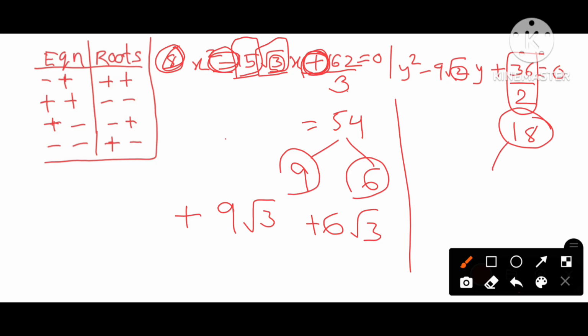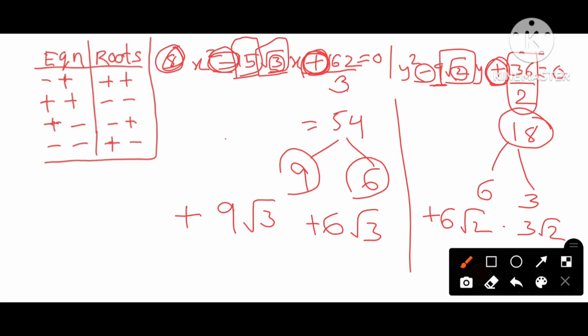We need to find the factors for 18 whose sum is 9. So 6 times 3 will be 18, and the sum of these two factors is 9. So the roots we have are 6 and 3, and we are left with root 2. Root 2 is placed beside the numbers, and the symbols we see in the equation are minus and plus, meaning both the roots are positive.